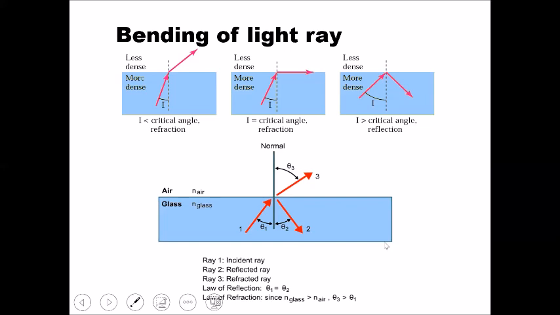Depending upon the densities of these two surfaces. So let's look at the first figure over here. All right, so basically you have a surface over here. The blue surface is the more dense surface, and the white surface over here, this is the less dense surface.